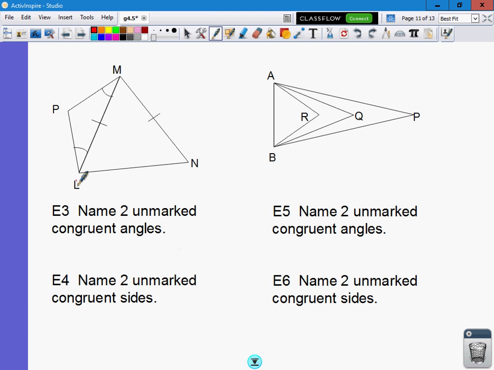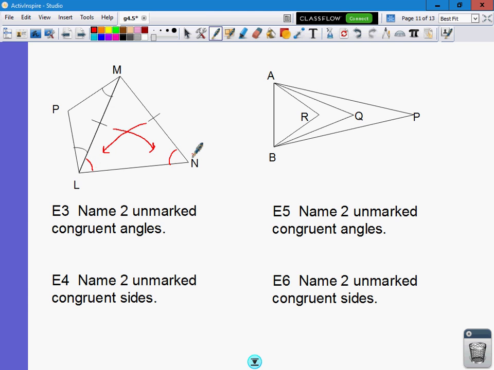Is that going to come out of PLM or MLN? They want me to name two unmarked congruent angles. It's going to come out of this one because these two sides are congruent. So what do I know about the angles opposite those two sides? They're congruent.